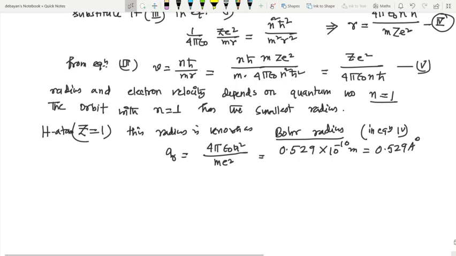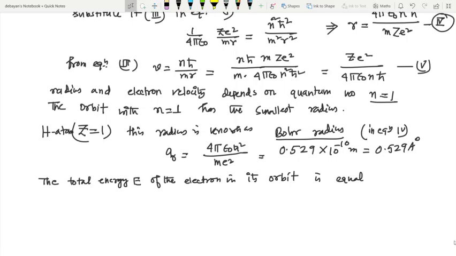If we get the velocity, then we will get the kinetic energy, because we know that total energy is nothing but, if we want to find the total energy, the E of the electron in its orbit is equal to the sum of its kinetic energy and potential energy V. So we know that kinetic energy is nothing but half m v square.